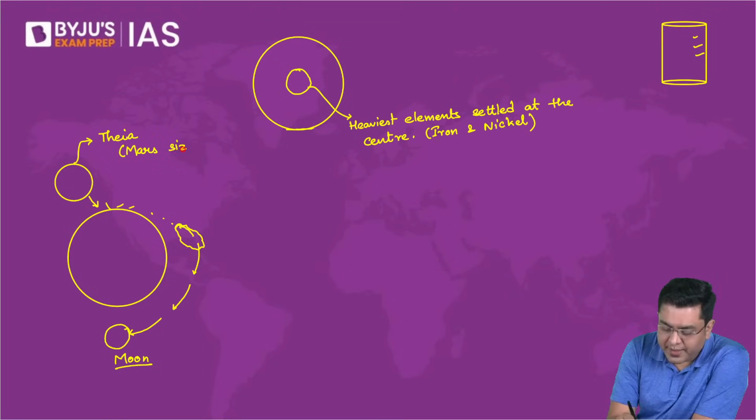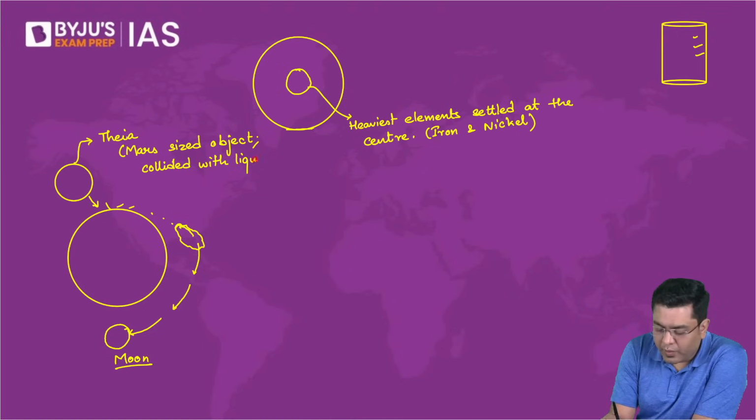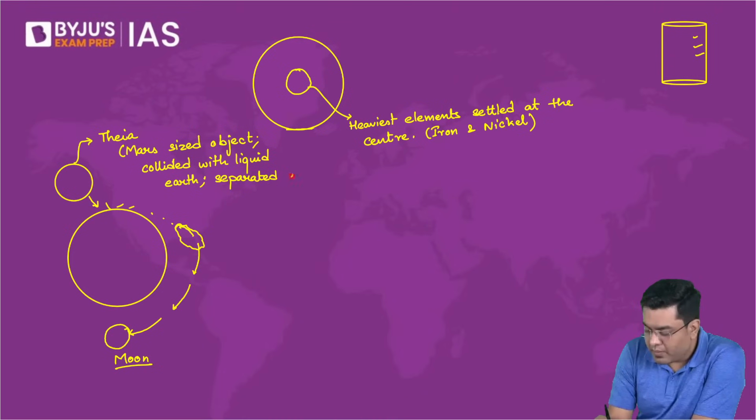A Mars-sized object collided with the planet, liquid Earth, and separated a chunk of mass.